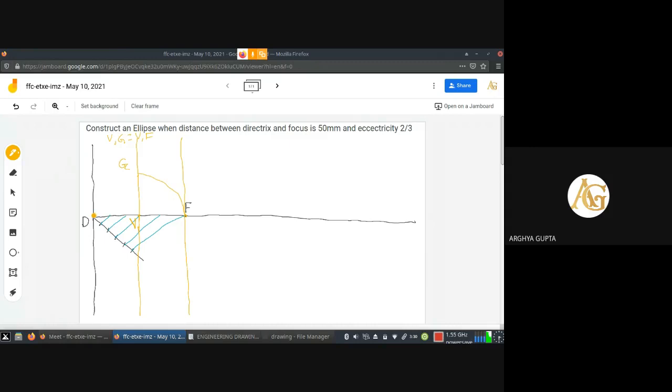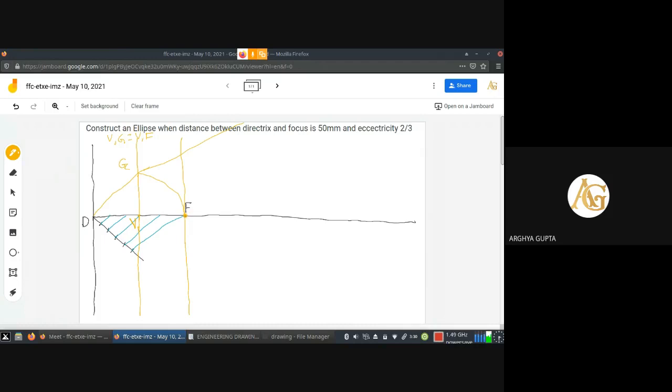Now the next step is to join D to G and extend the line. So another focus will be there, and that focus has to be found like that.